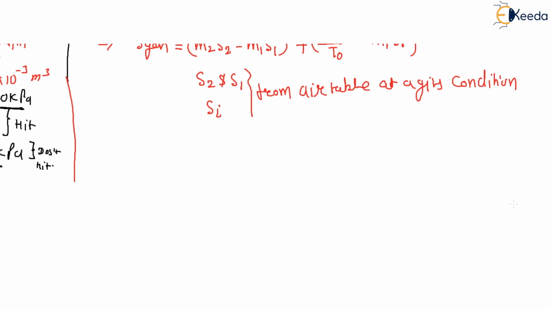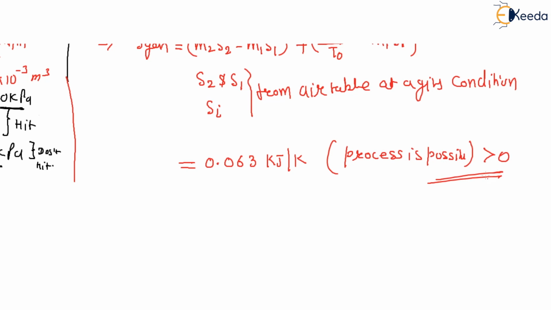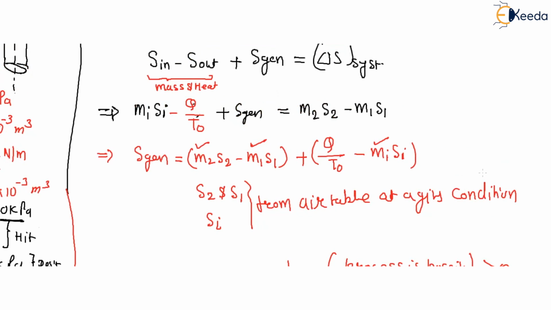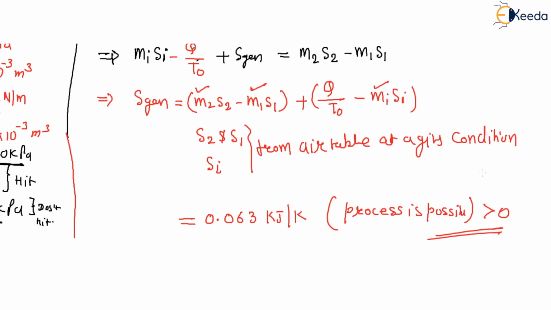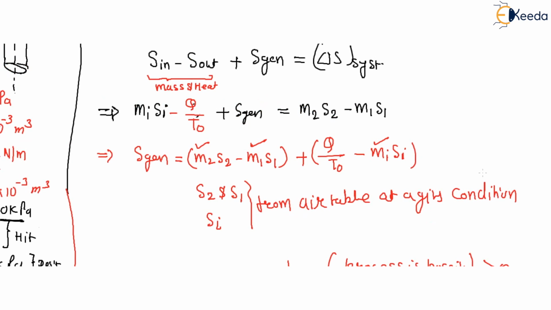Now if you put all these values, your entropy generation is 0.063 kilojoule per Kelvin. So the process is possible. Why? Because this is greater than 0. Delta S can also be found using the ideal gas equation. We also found S1 minus S2 using the ideal gas equation, because you have M1 and M2. Okay. Thank you.